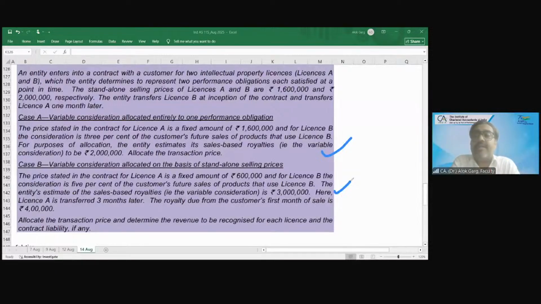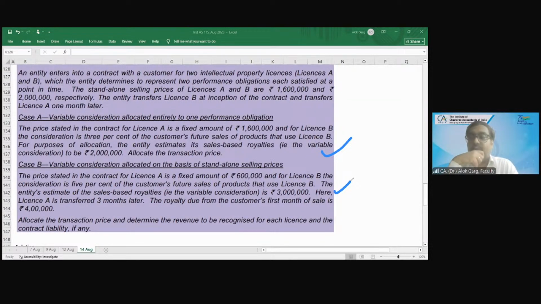When you go to scenario B, don't you find that while the standalone selling price is 16 and 20, for license A they have only said that the fixed amount is 6 lakh, and for license B the sales-based royalty is 30 lakh?